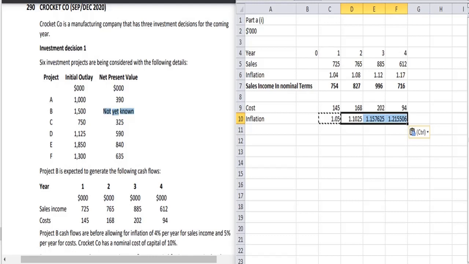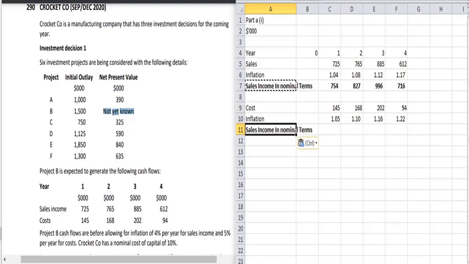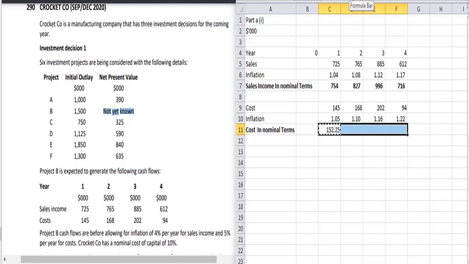Okay, now cost in nominal terms. After that we will get the net cash flow.